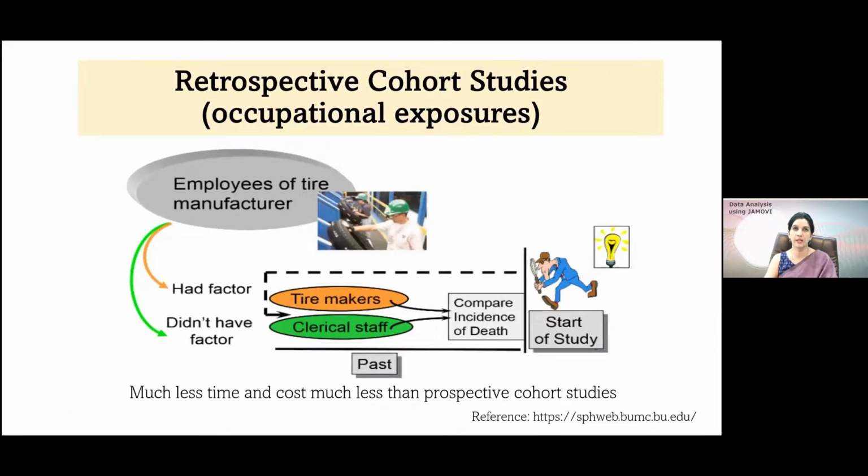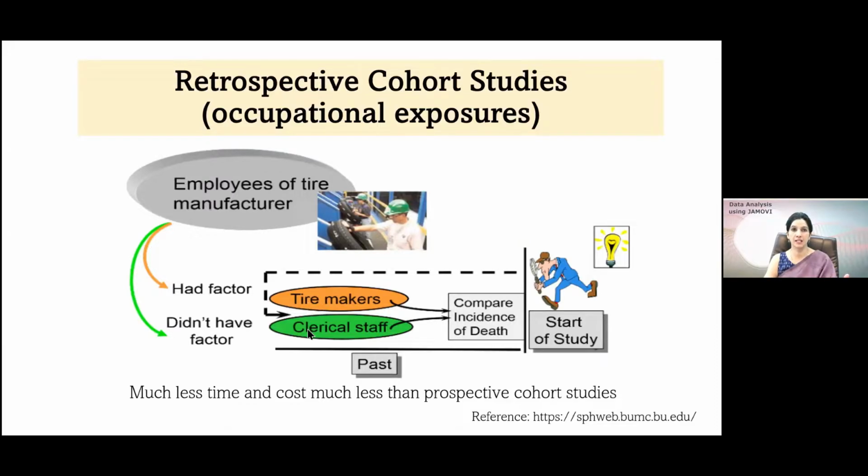This was a retrospective cohort study, done classically among the employees of a tire manufacturer. Here all those employees were divided on the basis of exposure. So don't confuse this: retrospective here is not like the retrospective of case control. Here also you start with the exposure, the rubber exposure of the tire makers.